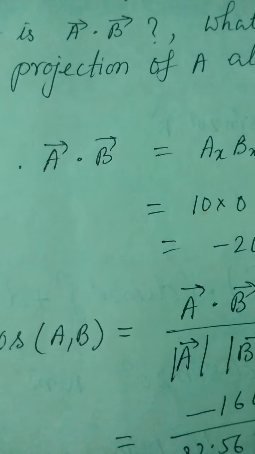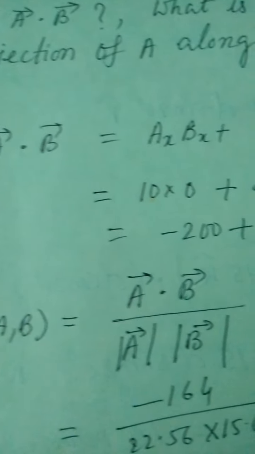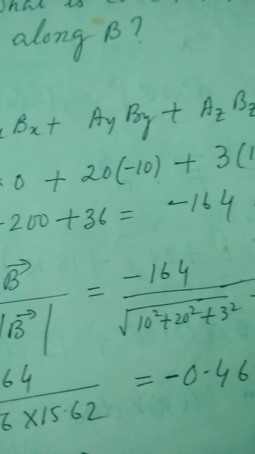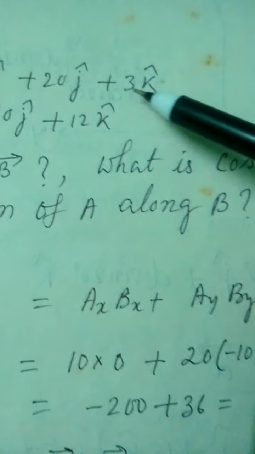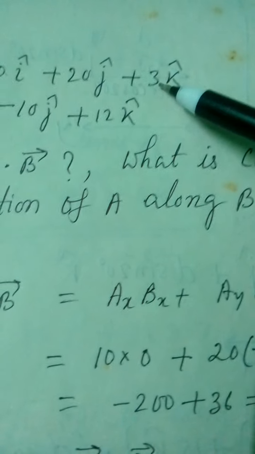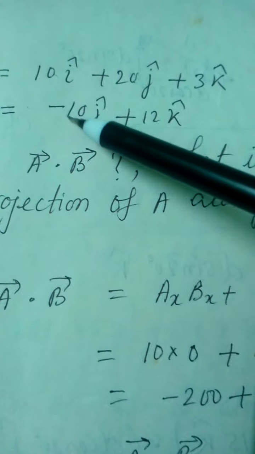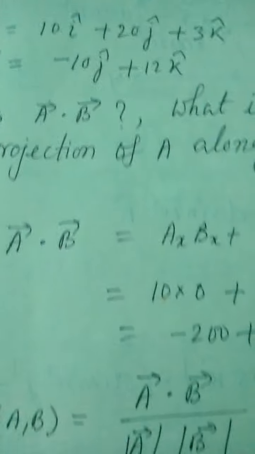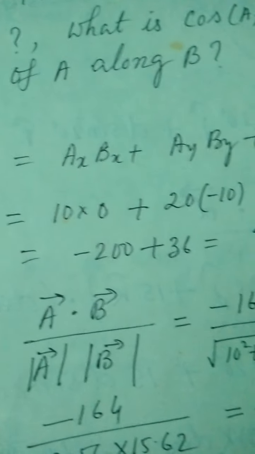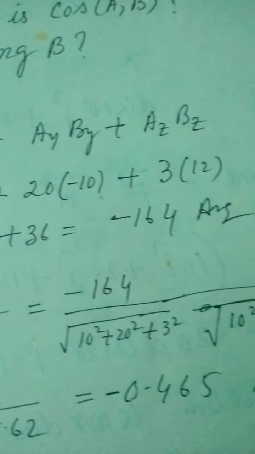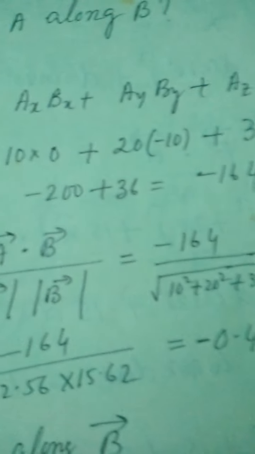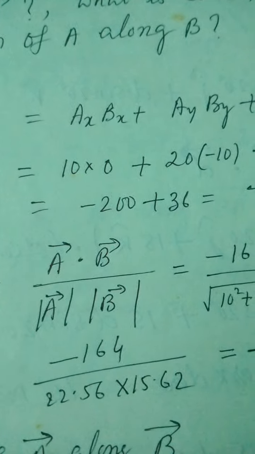So you can directly find A dot B. That means what is AX, AY, AZ, BX, BY, BZ. BX is 0. So A dot B will be equal to, easily, it is the scalar product. This is a scalar quantity. So we have got minus 160.